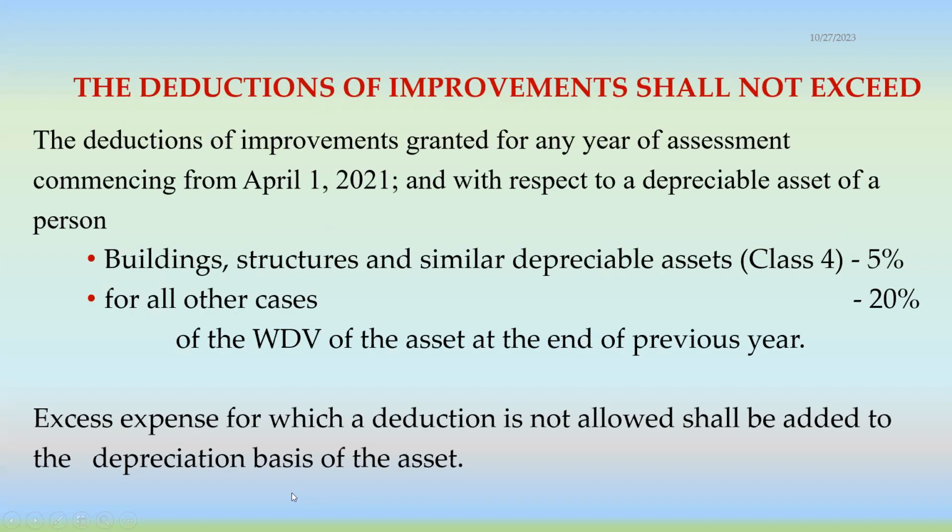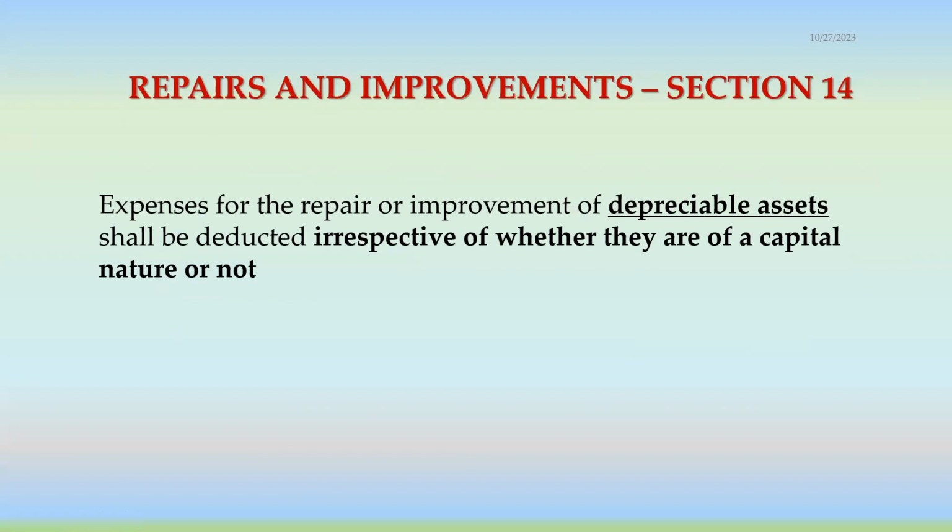Madam, now when we say improvement, basically we'll say that is of a capital nature. So in that case, won't it affect the capital allowance? No. If it is an improvement, we have to apply section 14. It says the most specific provision should be applied.